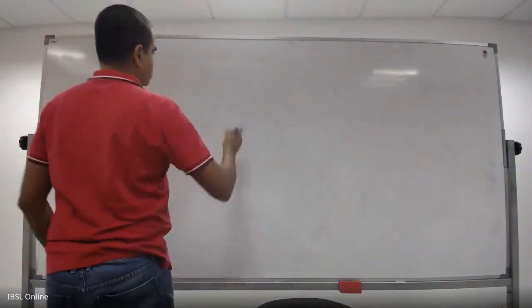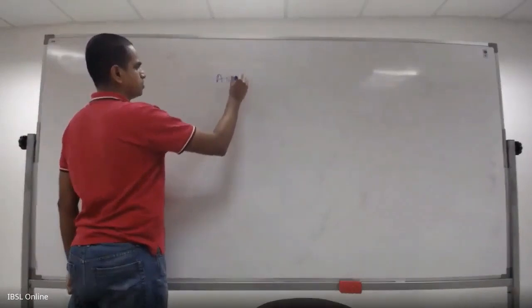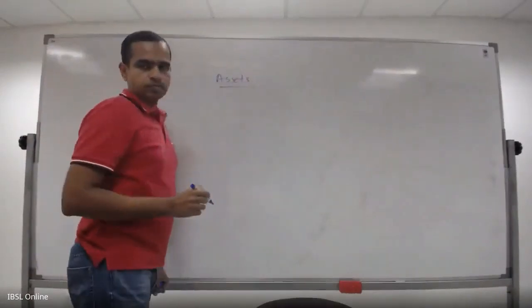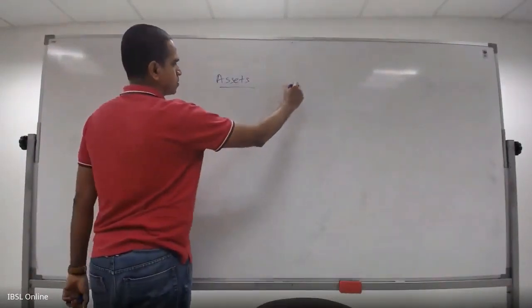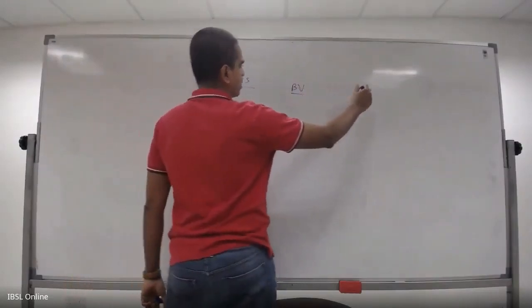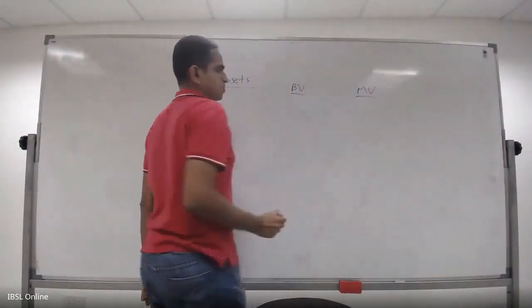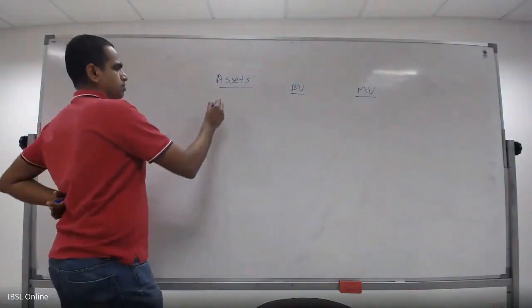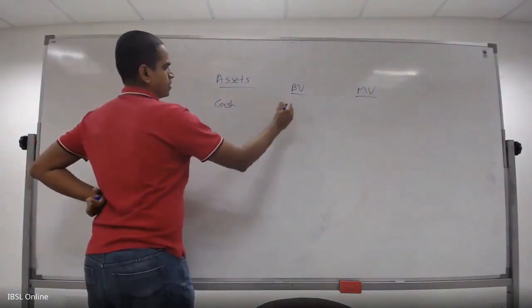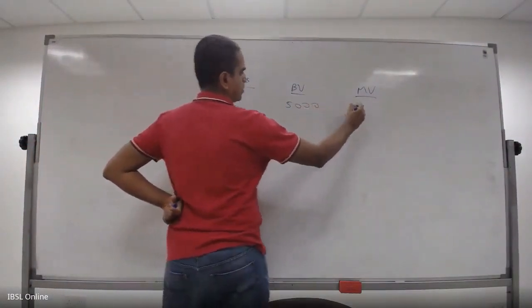So let's put the assets. Mark the book value and the market value. Cash: 5,000 book value, market value also remains 5,000.